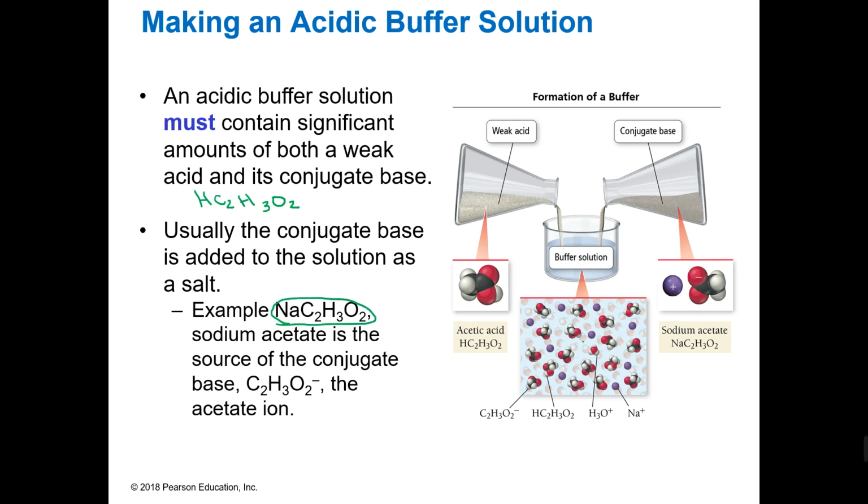Now, sodium acetate is going to break up into its individual ions, and it's the acetate anion that's going to be doing the work of neutralization. We don't really care about the sodium. The sodium is just kind of there, but it doesn't do any work. It doesn't react with anything. You can think of it kind of like a spectator ion, okay?